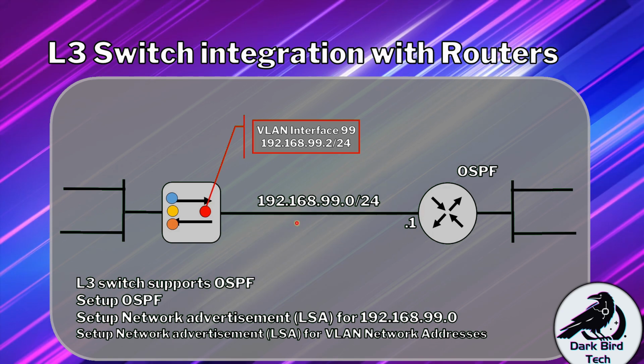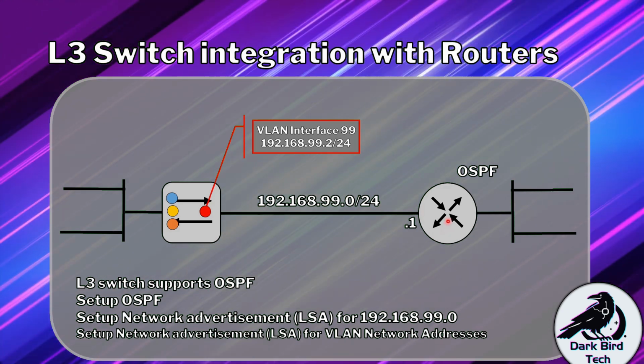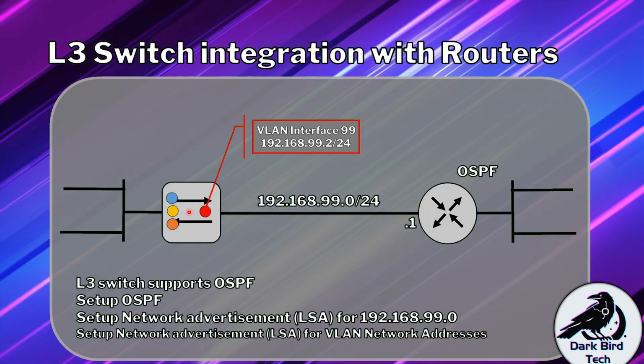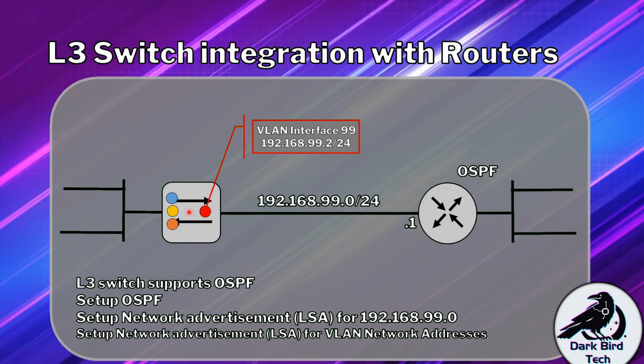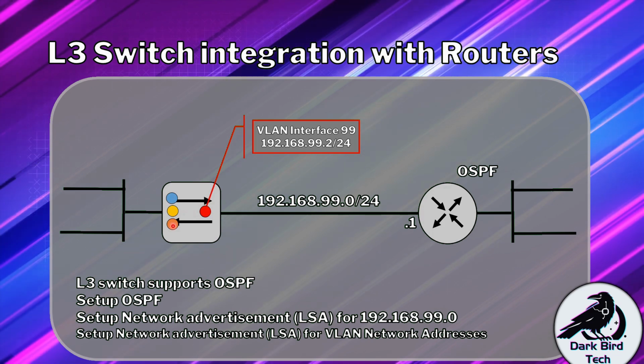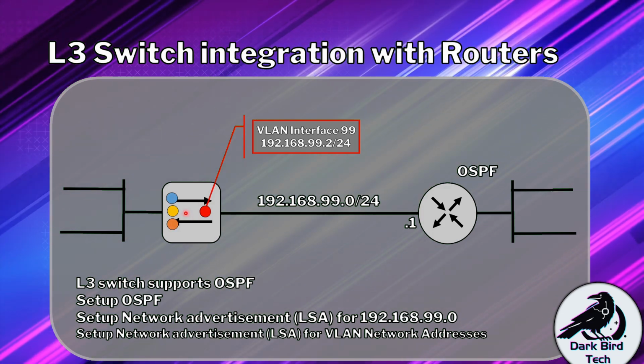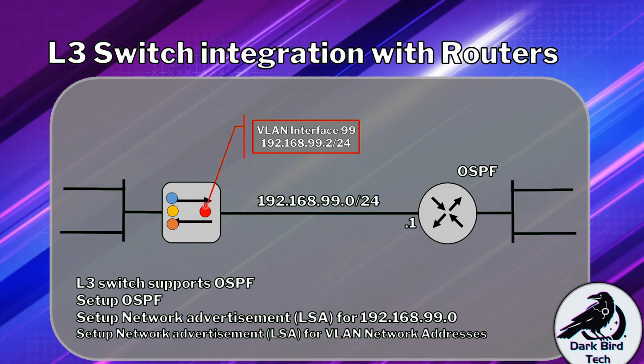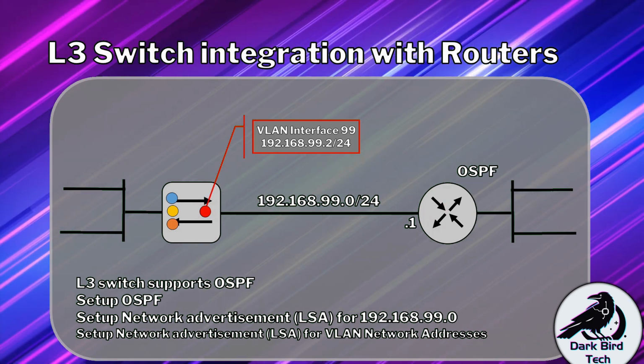They'll become friends and they'll begin exchanging routes. Now, to do the proper routing, I'd also need to tell OSPF running on that switch to advertise the network addresses for the respective VLANs that it is acting as a gateway for. So that, in effect, I'm letting the little logical router in here talk to the actual router.